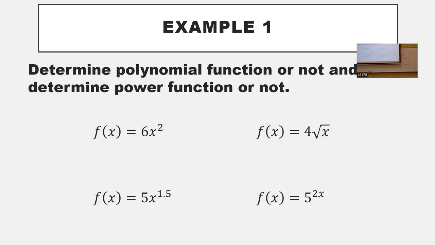So let's look at a few functions and determine whether the function is a power function, and then determine whether that function is a polynomial function. I'm going to write all of these out. f of x is equal to 6 times x squared. Then below it, f of x is equal to 5 times x to the 1.5 power. To the right of that, f of x is equal to 4 times the square root of x.